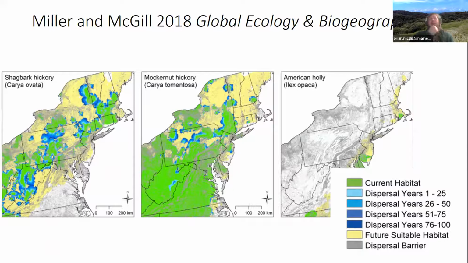This was done on a 90-meter scale, so sub-kilometer resolution across the northeastern US. It was very computationally intensive, but the land cover product from Landsat is at 90 meters. So this is spatially explicit, attached to real space, and we took real land cover into this, and then some detailed variation between species in their dispersal and life history parameters.